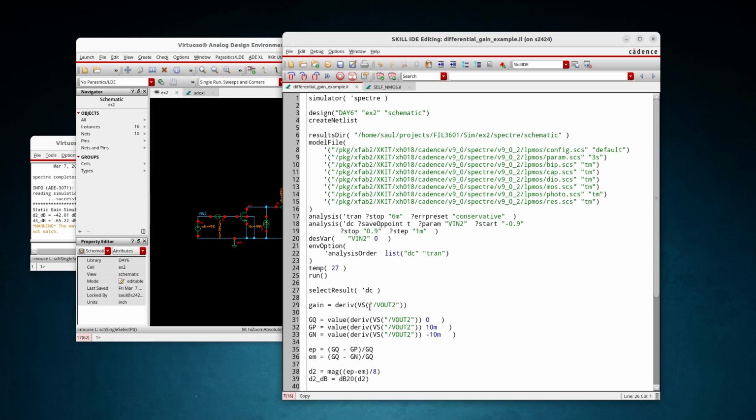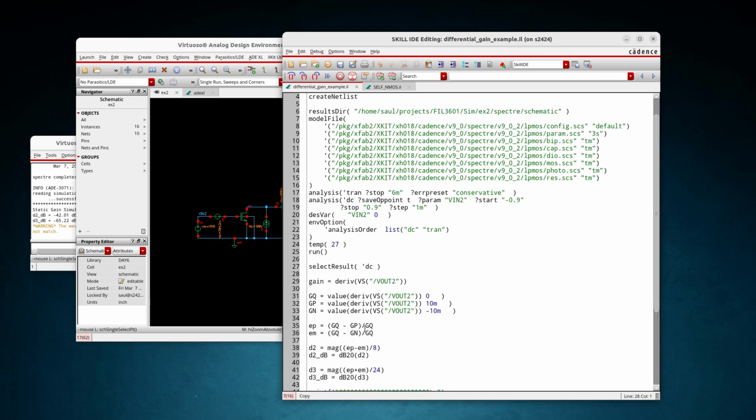After the sweep simulation, VS is the voltage sweep, and then I just get the different points of gain. So we will get the derivative at 0, the derivative at 10 millivolts, and the derivative at minus 10 millivolts.